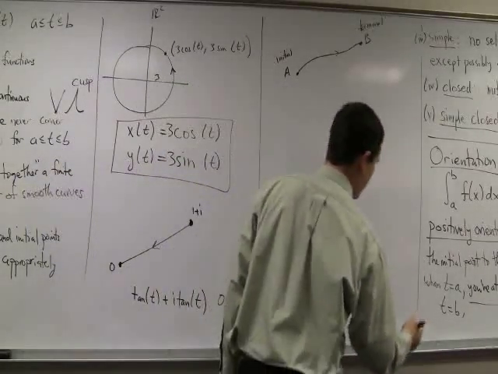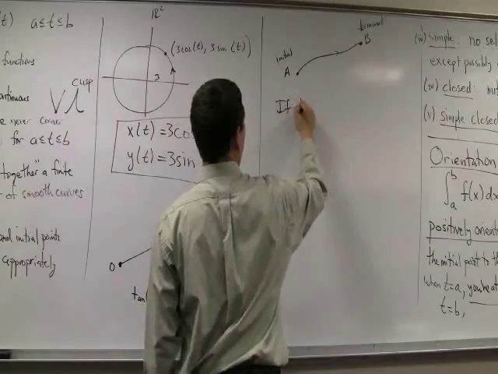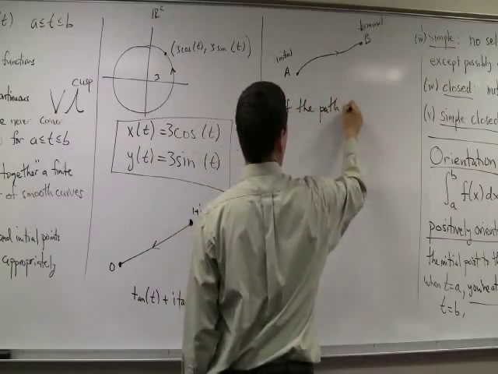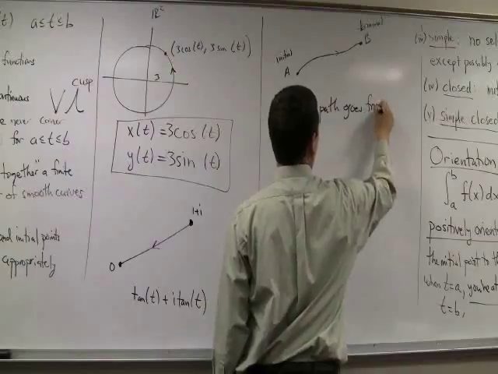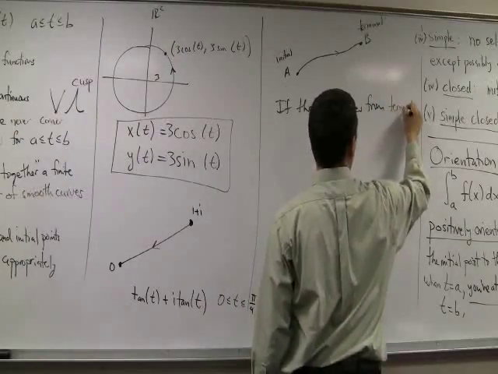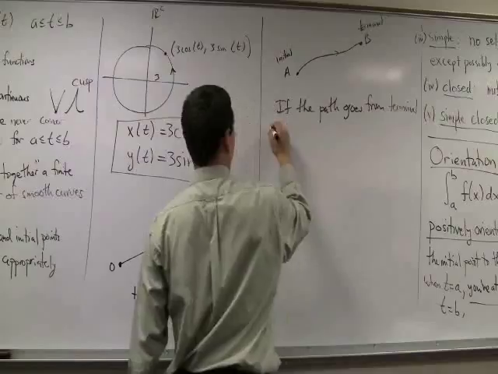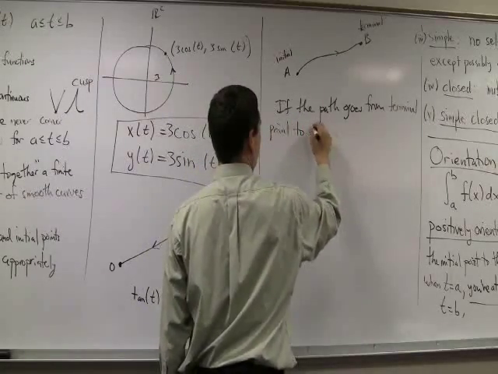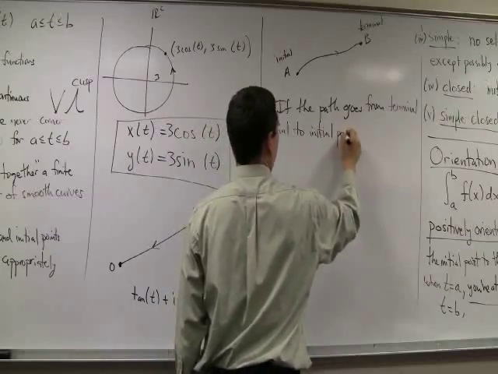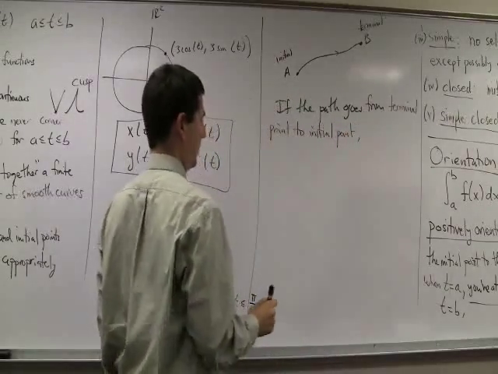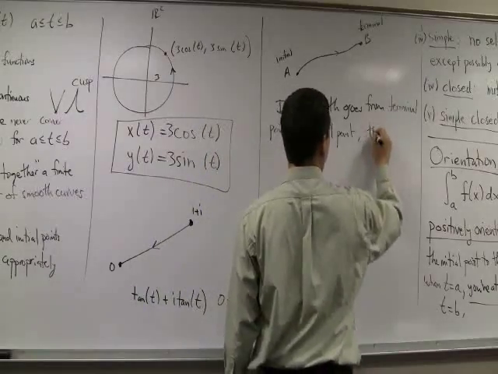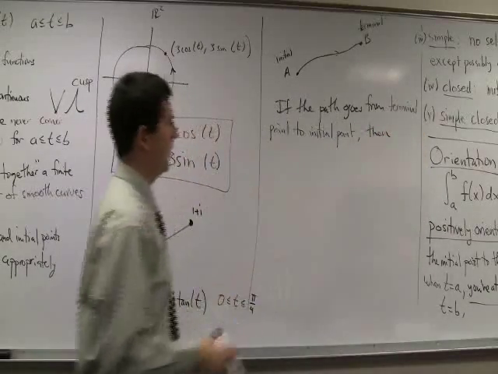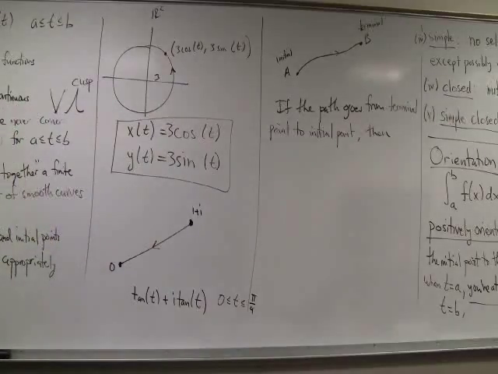So if the path goes from terminal point to initial point, well, I want to say the path, but we want to say that the parameterization is negatively oriented.